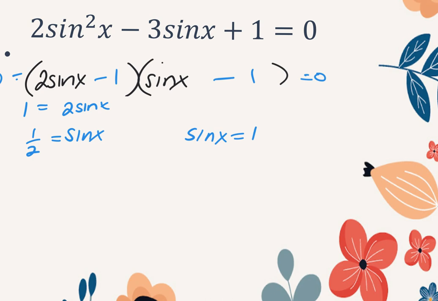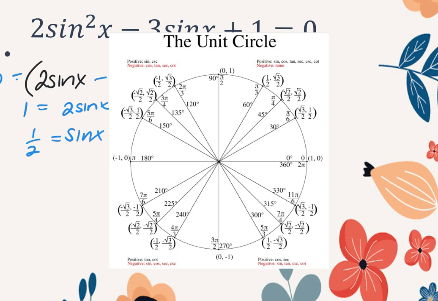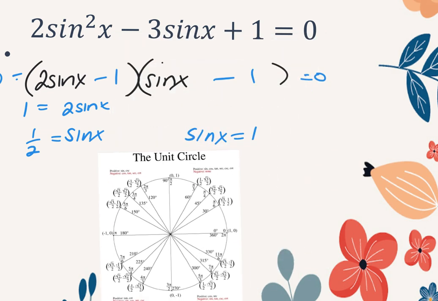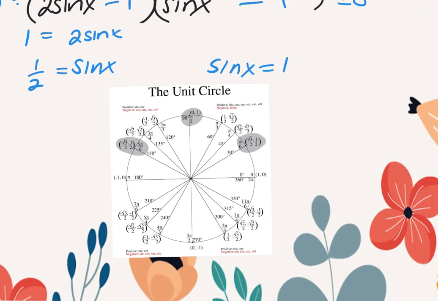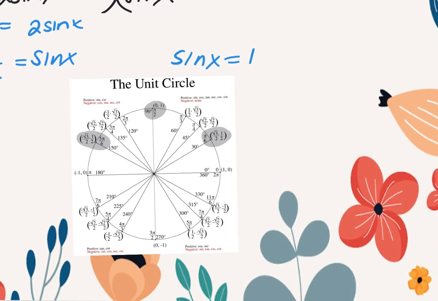So you're looking for where y is a positive 1/2, which happens at pi over 6 and 5 pi over 6. And where y is 1, which happens at pi over 2. So my solutions would be pi over 6, pi over 2, and 5 pi over 6. On an open-ended question, order doesn't matter, obviously, okay? But on a multiple choice, it usually will put it in order like that.